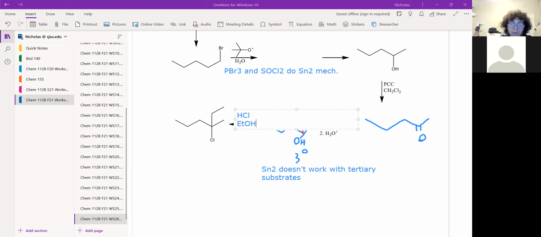And then in terms of the solvent, if you're doing an SN1 mechanism, which we are here, SN1 prefers polar protic solvents.